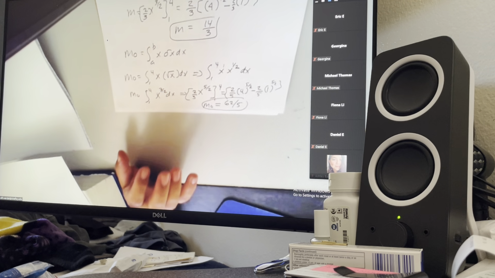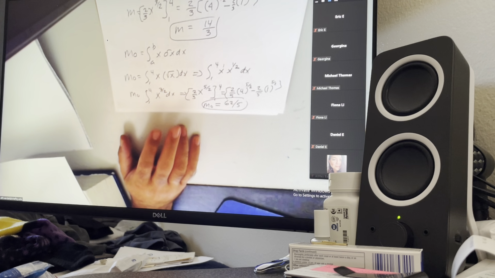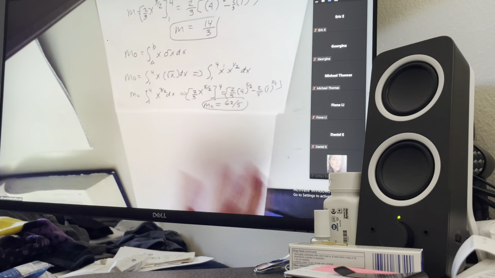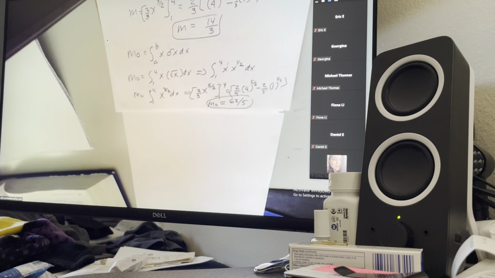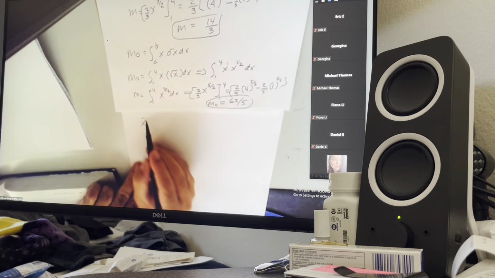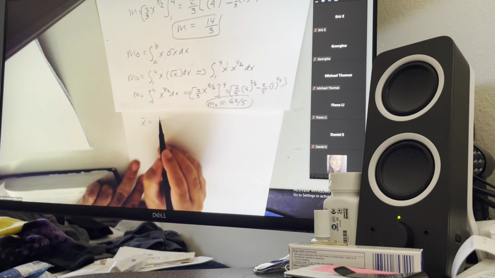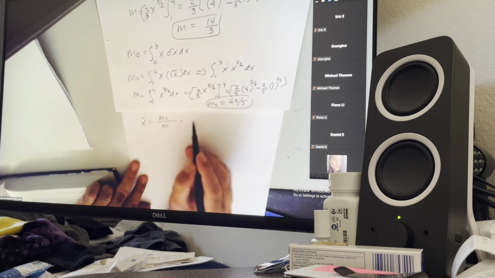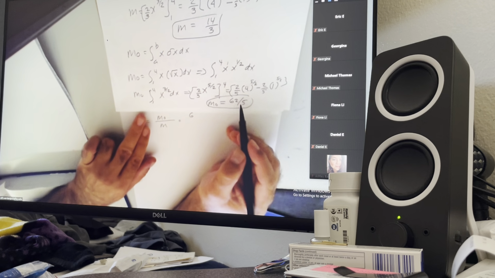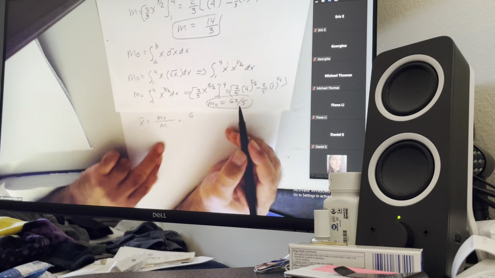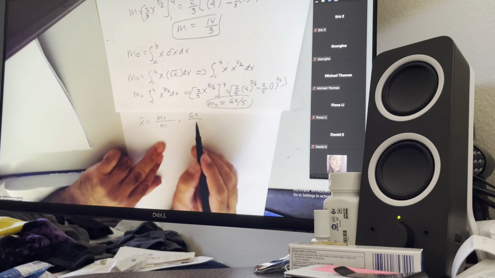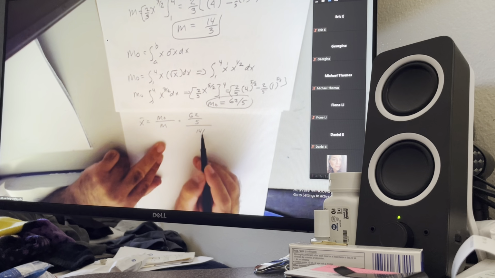We have to find the moment about the origin, and this allows us to find x bar, which is very simple. That's going to be the moment about the origin divided by the mass. This was actually 62, so 62/5 divided by 14/3.